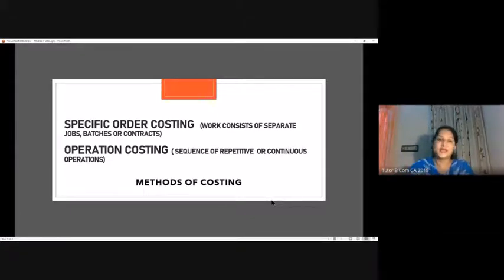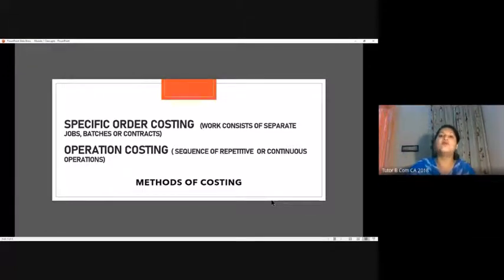Then the second one is operation costing, where the task is repetitive in nature. Maybe process costing will come under that, where you are using multiple costing methods. It's based on the sequence of your operation. One operation leads to another.